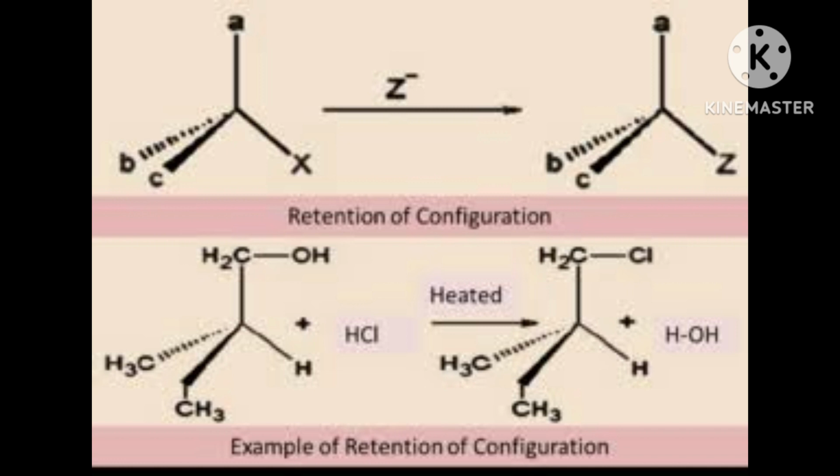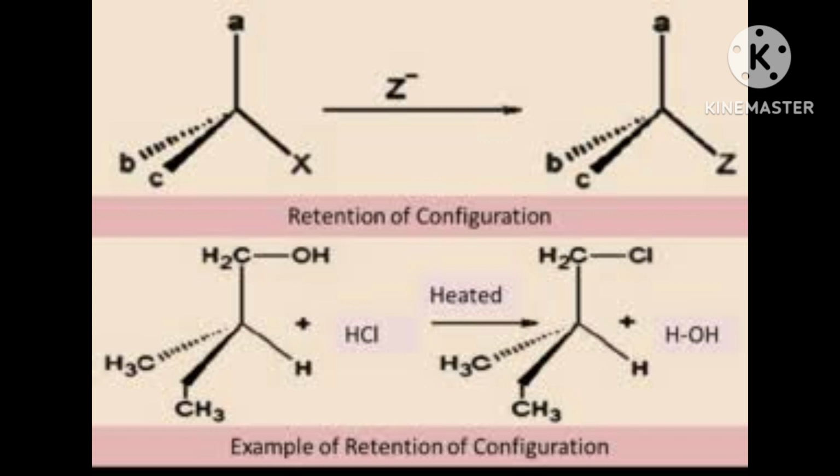Okay, last class I have discussed. Here two groups, H and CH2, are above the paper, dark, and one group, CH3, is down the paper, and the ethyl group CH2CH3 is on the paper.